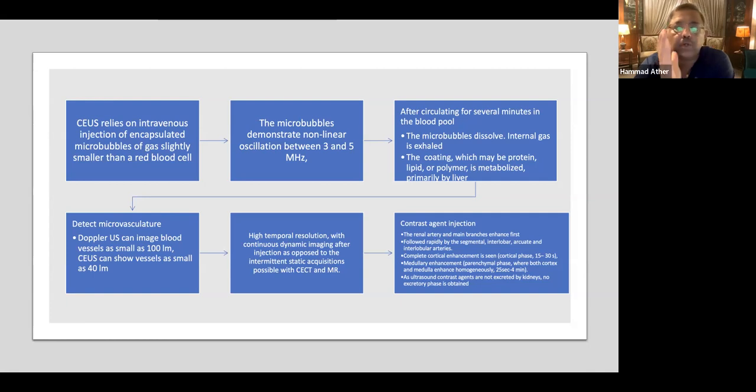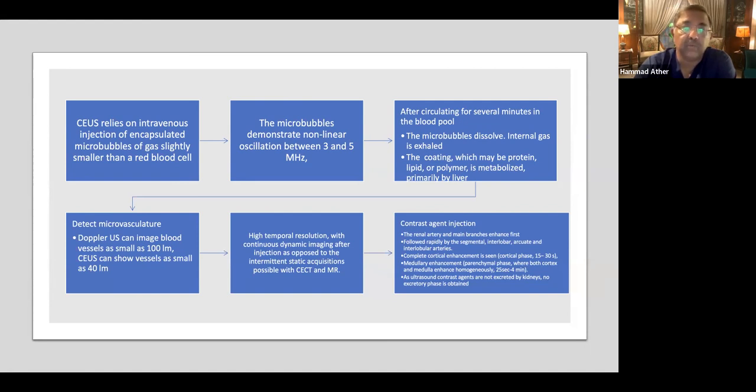Now, in order to detect microvasculature, we know that Doppler ultrasound can image blood vessels which are as small as 100 microns, whereas contrast-enhanced ultrasound can demonstrate vessels nearly half as small as what can be seen on a Doppler ultrasound.